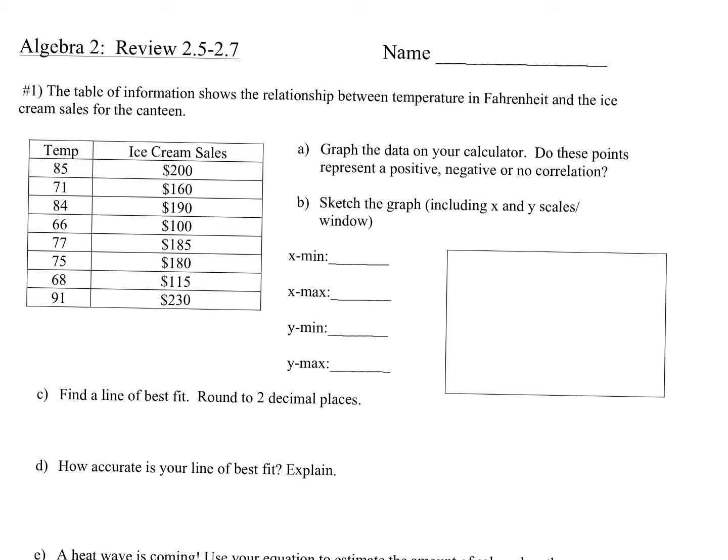So if your line isn't showing up, do this with me right now. You're going to go stat, arrow over to calculate, sorry. Then hit 4, enter, enter, enter, alpha, trace, enter, enter, enter.